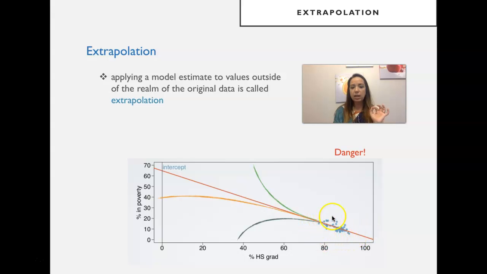Imagine that our cloud of data is varying between about 70% of people graduating from high school all the way up to, I don't know, 95%. But you decide to try and investigate what happens, how much is the poverty rate expected if you had 20% graduation. And imagine we just have this linear model that we fit through our data, right?